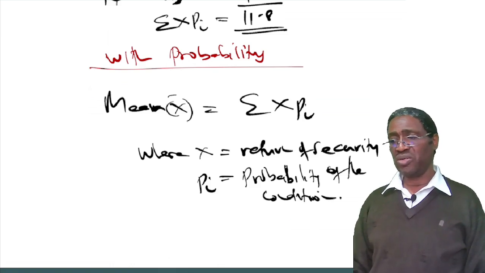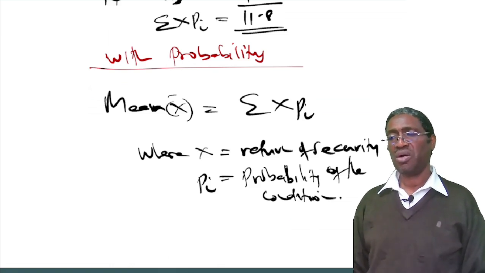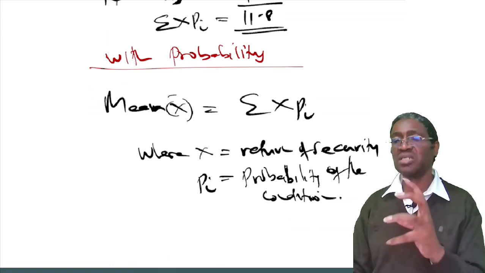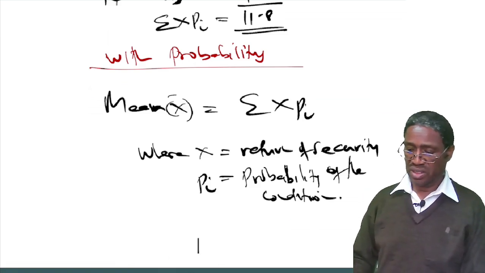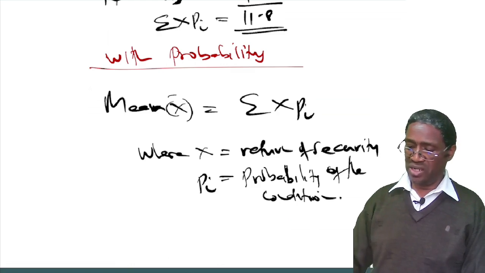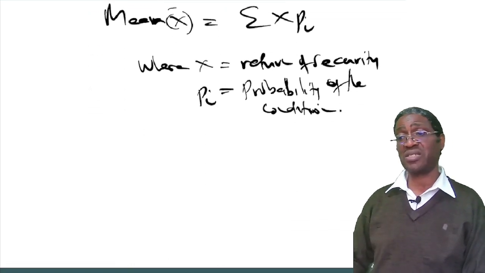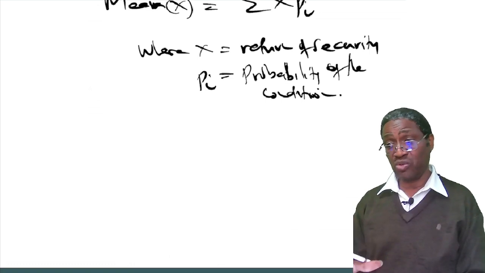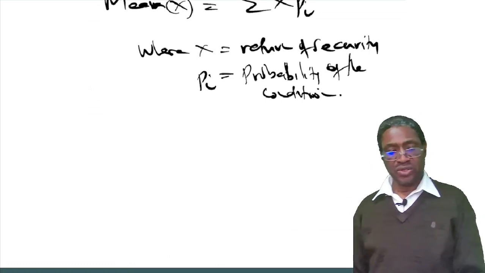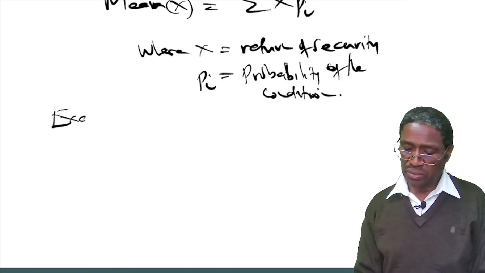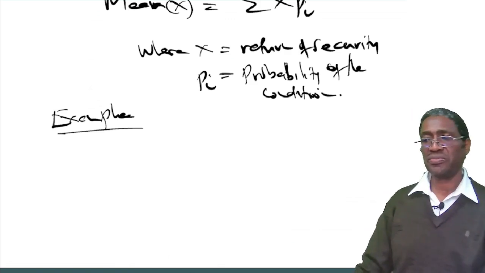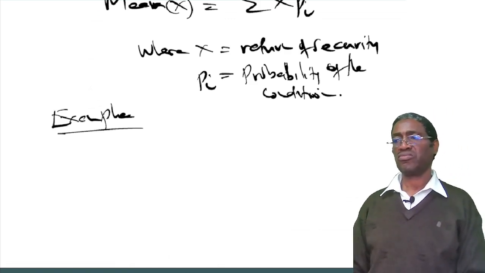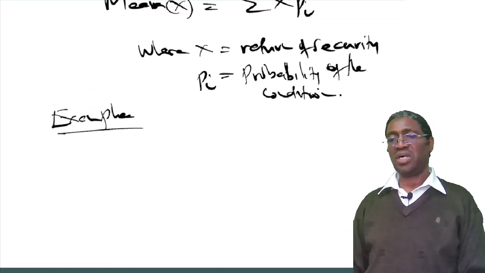With that idea now, I want us to put down an example on how to compute the mean where you are given probabilities. Of course, we have already done an illustration. I just want to put it down as a simple example for the purpose of your notes. So, write example.